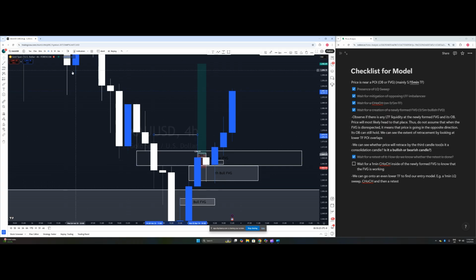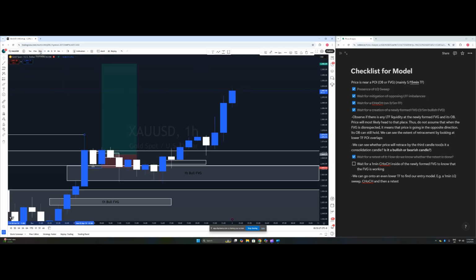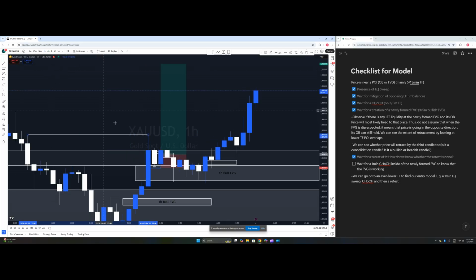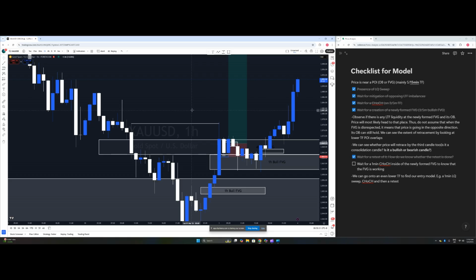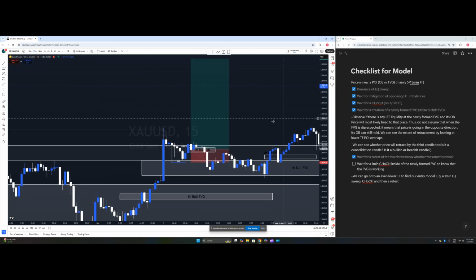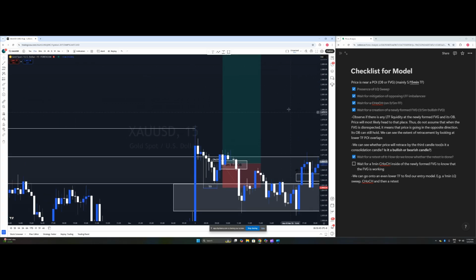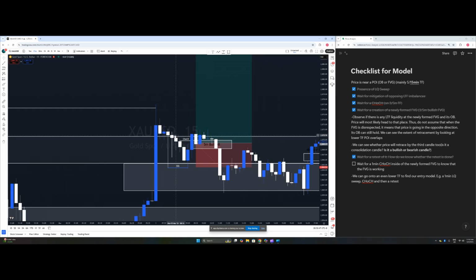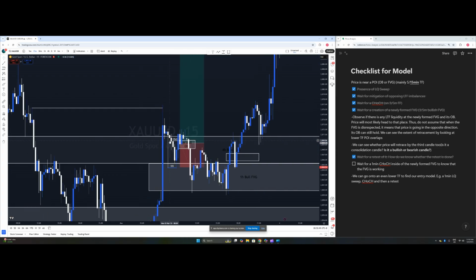So see that on the lower time frame, yeah, price stepped into the 1-hour bearish order block also, and dumped down. So if we were to hit the 5 minute, 15 minutes, on the 15 minutes you can't really see a change of character, right?